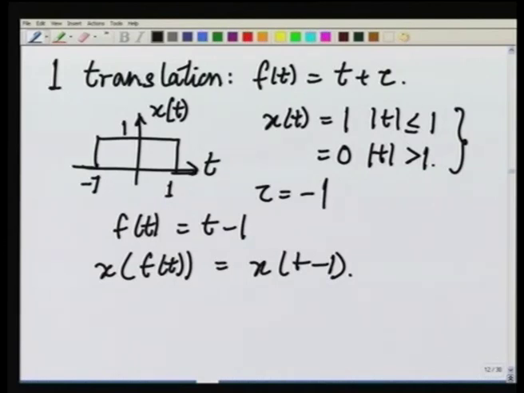Now, x of t minus 1 will do the same thing when its argument t minus 1 takes on a value of 1.